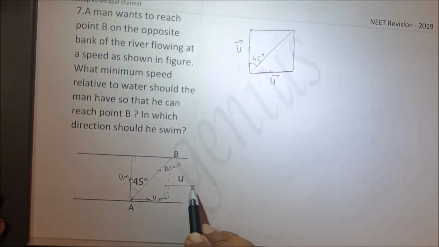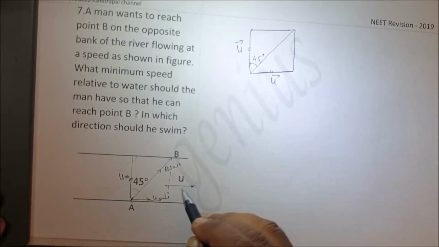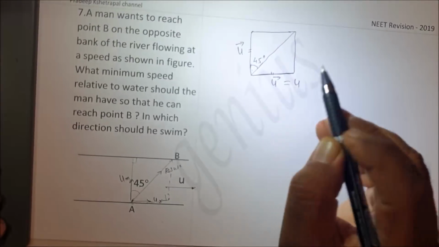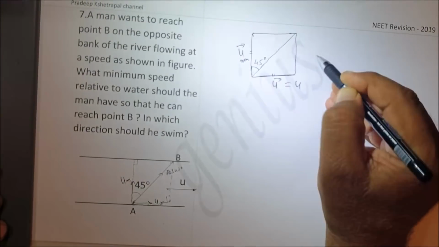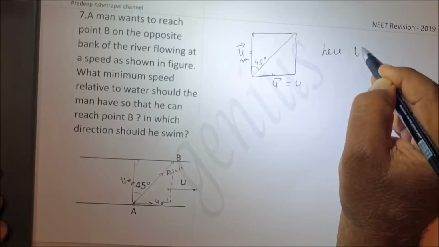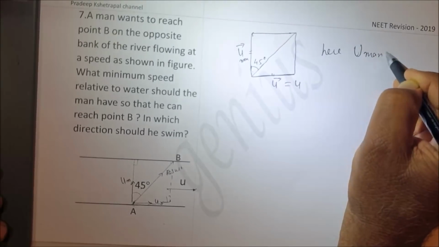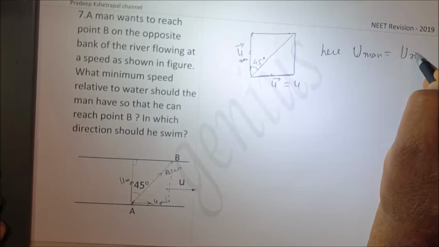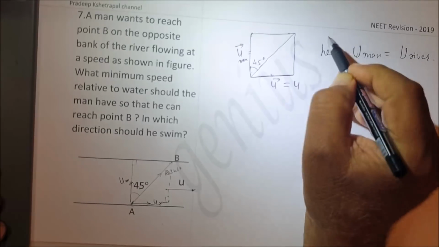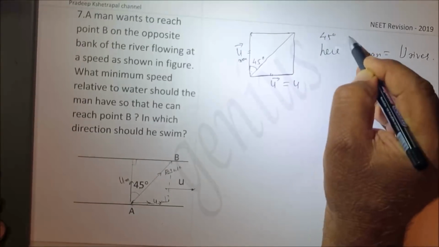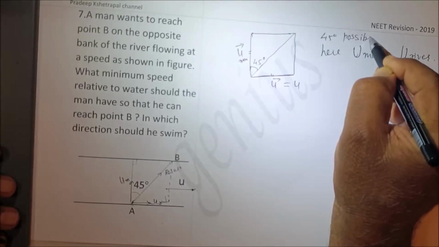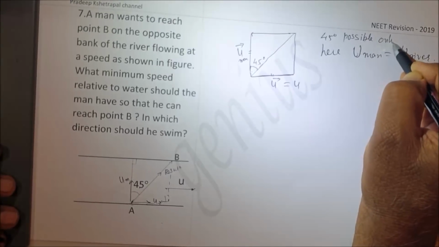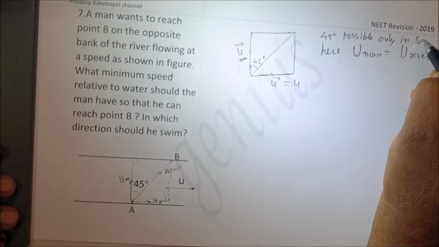Now the river has velocity equal to U. Then what should be the velocity of the man? Here U man is equal to U river. 45 degree is possible only in a square.